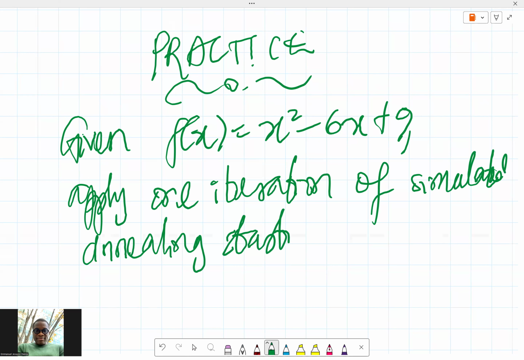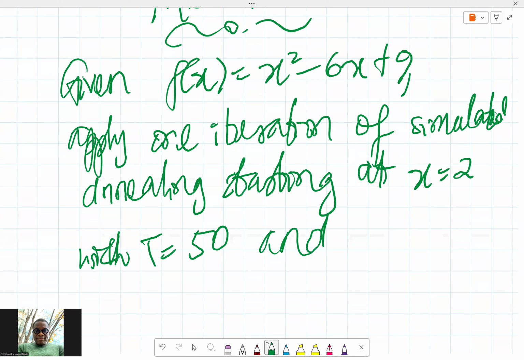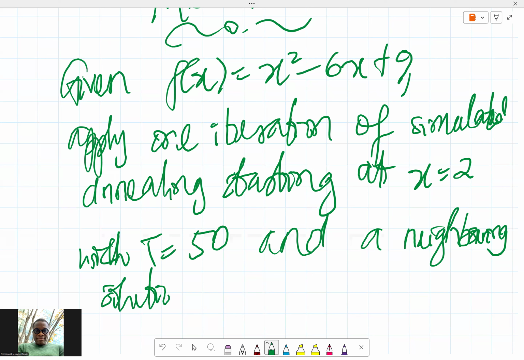starting at x equals 2 with T equals 50 and a neighboring solution x equals 3.